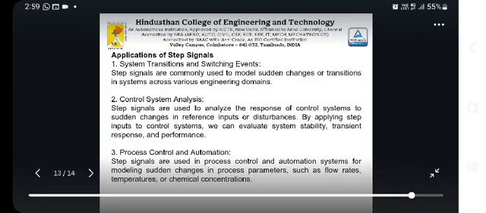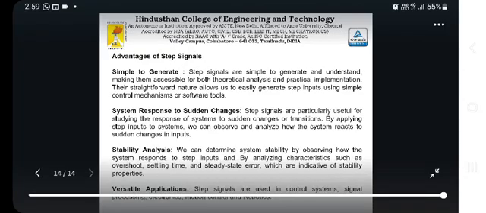By applying step inputs to a control system, we can evaluate system stability, transient response and performance. Third application is process control and automation. Step signals are used in process control and automation systems for modeling sudden changes in process parameters such as flow rates, temperature or chemical concentrations.